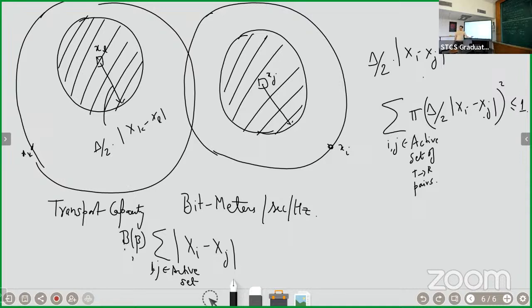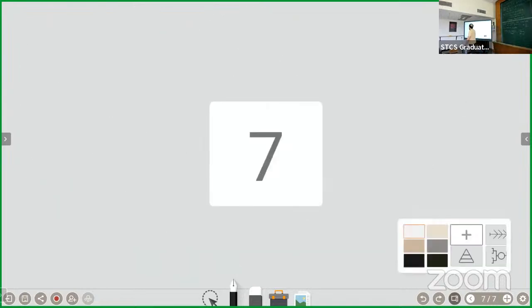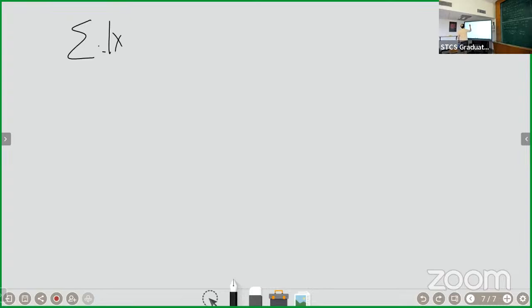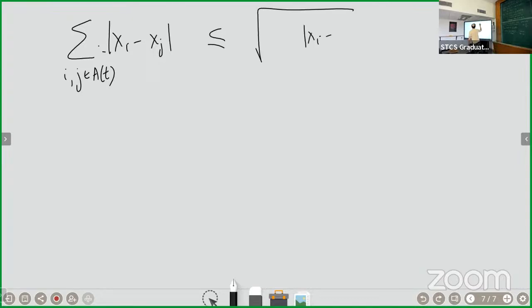Can you bound this? Forget about bounding that directly. You bound this quantity. You should be counting the transport capacity directly. Just use Cauchy-Schwarz. That's all we do. So what does Cauchy-Schwarz tell us? Let's deal with it. Something like an indicator.